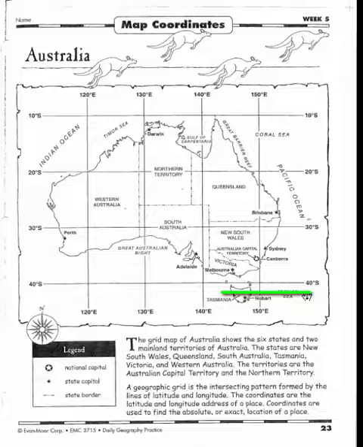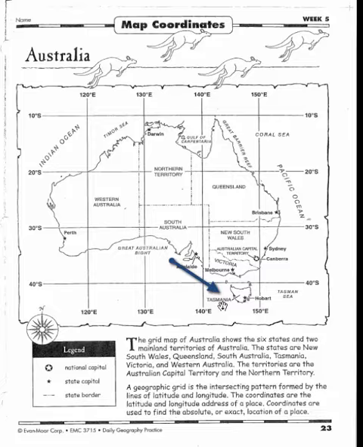Then for 148 longitude, well, here's 150, so I have to decide whether it's going to be on this line, this side of the line, or that side of the line. It's going 130, 140, 150, so it's going to be on this side. So someplace around here. Remember my latitude was right there, so I'm going to be someplace close to here. It asks what state this is, and there's one labeled right there, it's Tasmania. So there you go, that's how you figure that out.